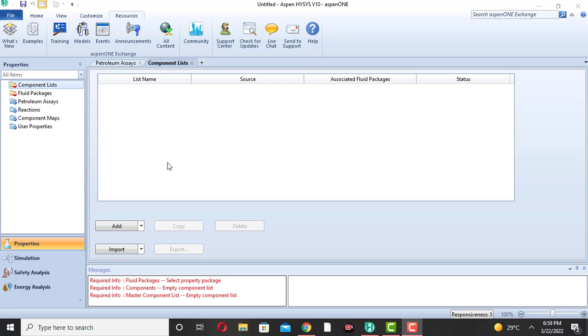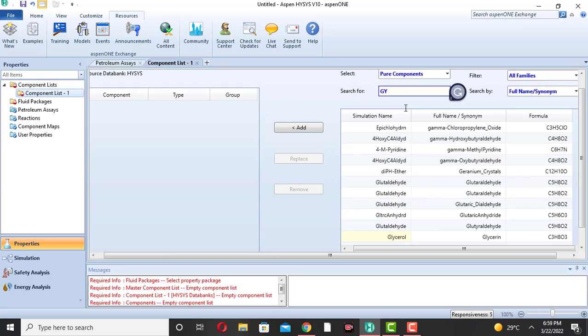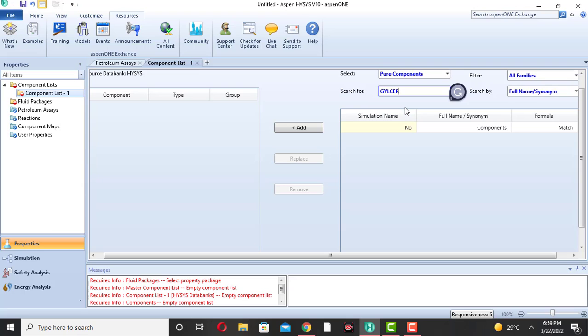So first of all we will open Aspen HYSYS, come to the add component list, and add components. One is glycerin.